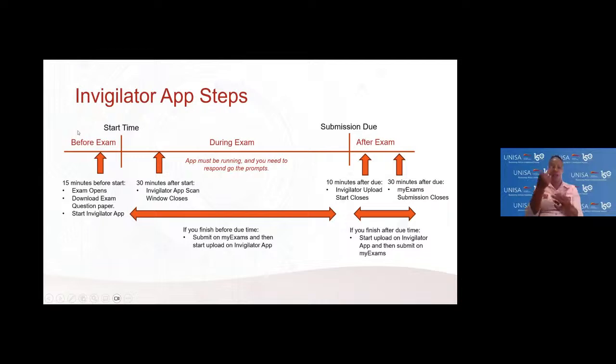Now we've got this diagram as well. So remember, 15 minutes before your exams, you can access your question paper. This is when you scan the QR code, you basically get ready to start writing. Now say the start time is 9 o'clock, so that means it's 8:45 that you log in. Just note here, 30 minutes after the start time, so that's, say this is 9 o'clock, so 9:30, this is when you can't activate the app anymore.